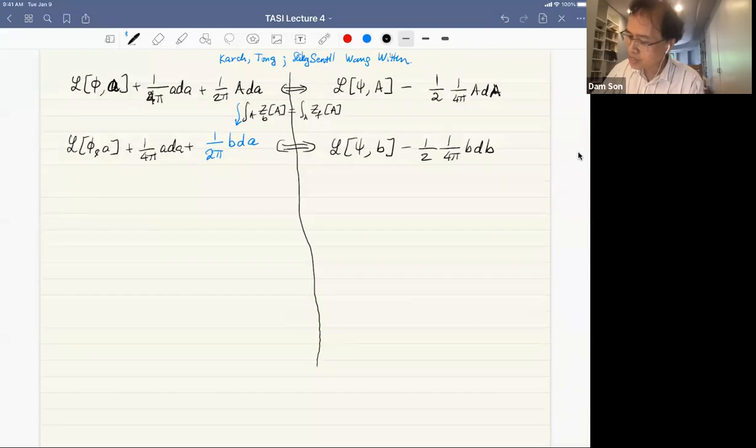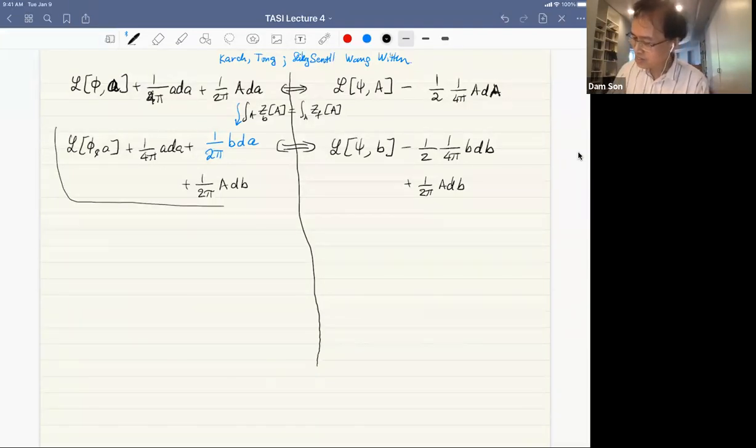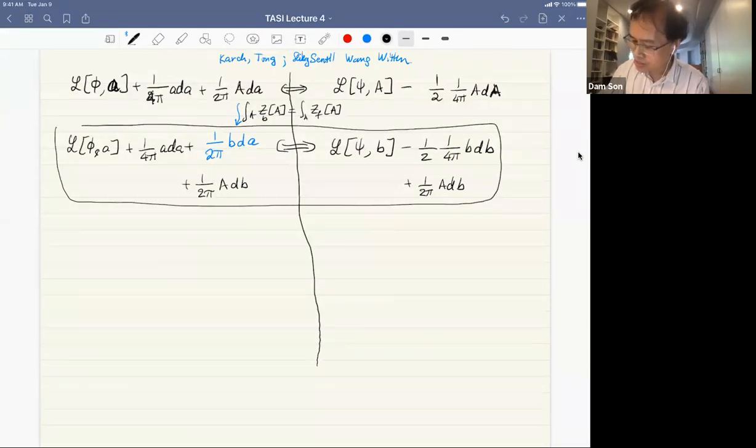Of course, we can also add to the theory a background field A coupled to dB. Since we add the same thing on the two sides, the duality is not destroyed. So this is the way we get a new duality.